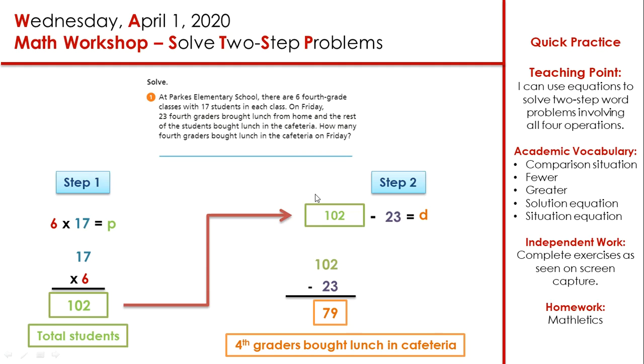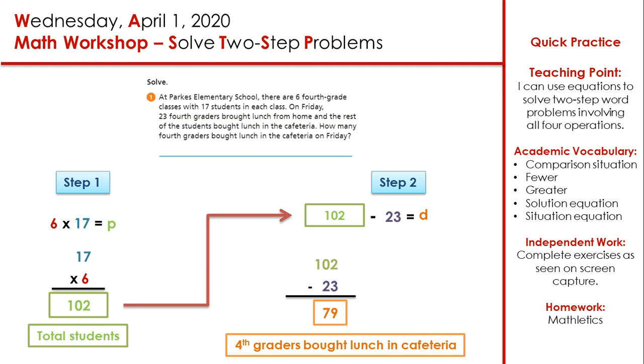Then with that answer, I moved on to my second step, in which I was supposed to find out how many of this total amount of fourth graders bought lunch in the cafeteria. I also noticed that I was given a keyword right here, which is rest. They're talking to me about the rest of the class, so they're talking about the remaining piece of something.